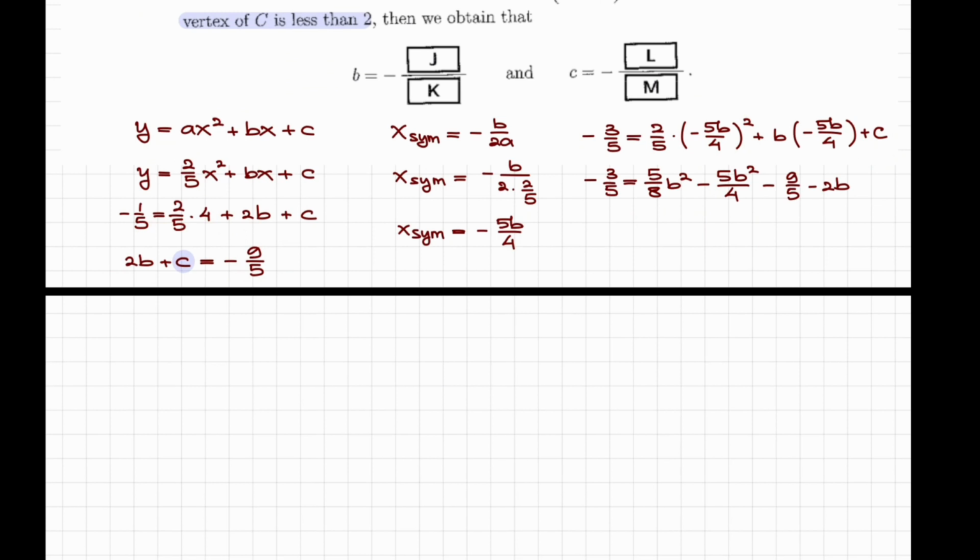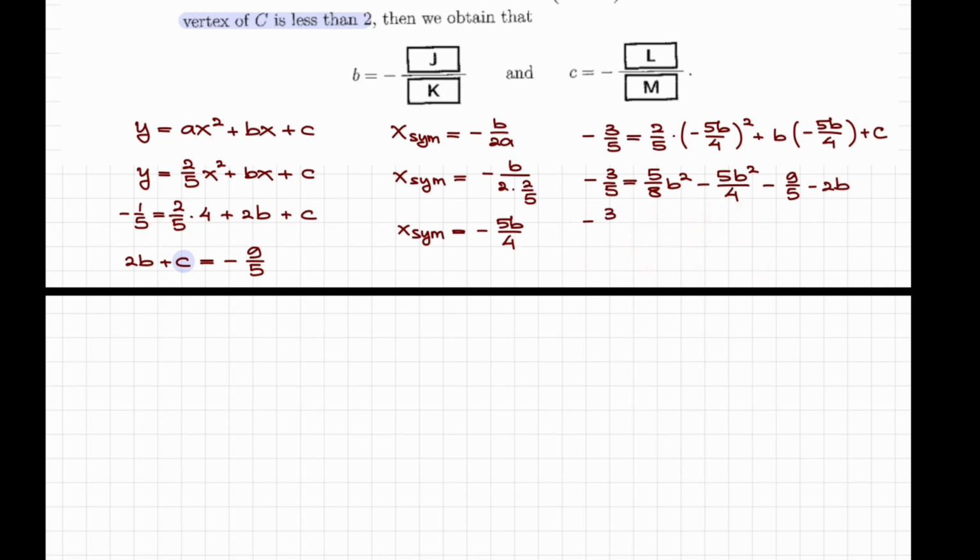Let's simplify a little bit before we factorize it. As you can see here, we have a quadratic function, so at the end we need to factorize it to find the value of b. I have 5/8 minus 5/4 here. 5/8 minus 5/4 is equal to negative 5/8 b squared.